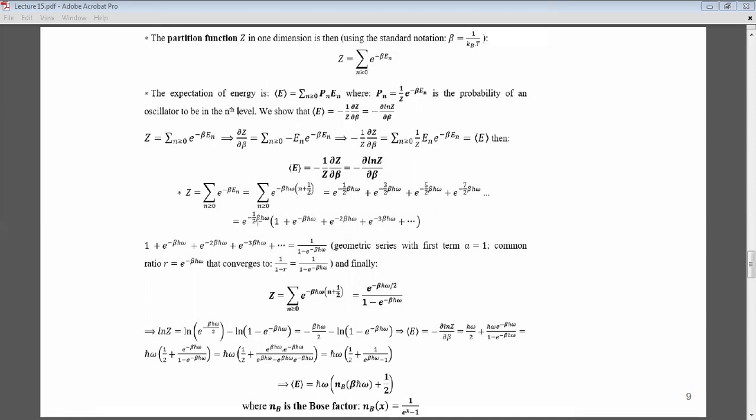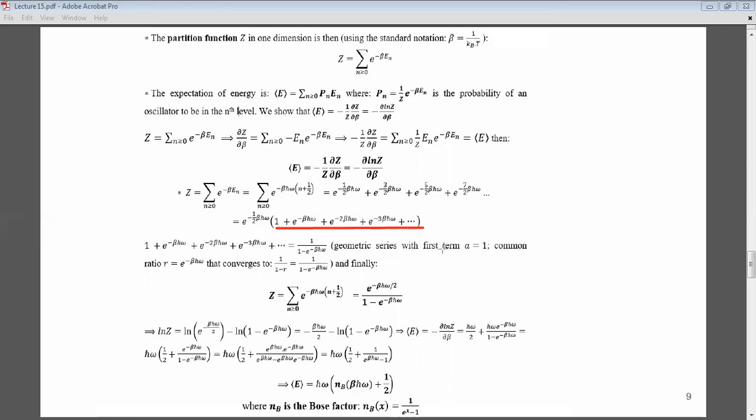And this is equal to what? If I take common e to the minus half beta h bar omega, I will have 1 plus e to the minus beta h bar omega plus e to the minus 2 beta h bar omega, etc. Now, what is this thing? This thing is 1 over 1 minus e to the minus beta h bar omega.